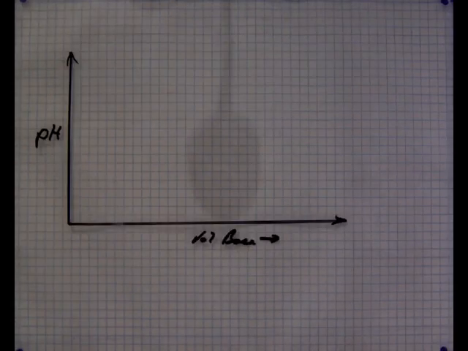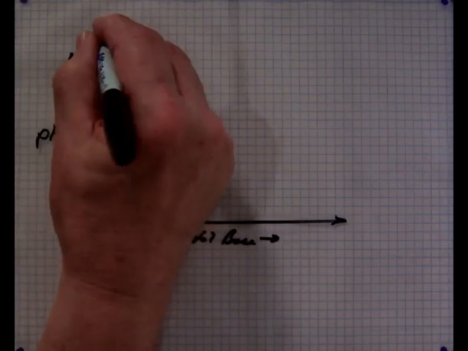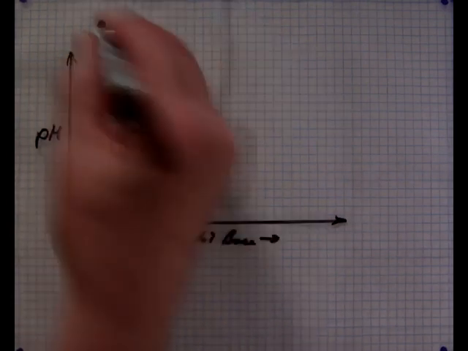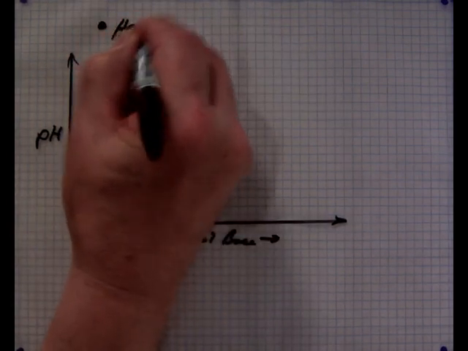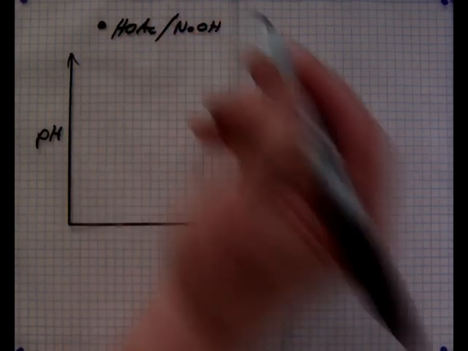Okay, I want to look at what happens if you titrate a weak acid and a strong base, and a buffer system against a strong base. So, question number 1 is HOAc titrated with NaOH.